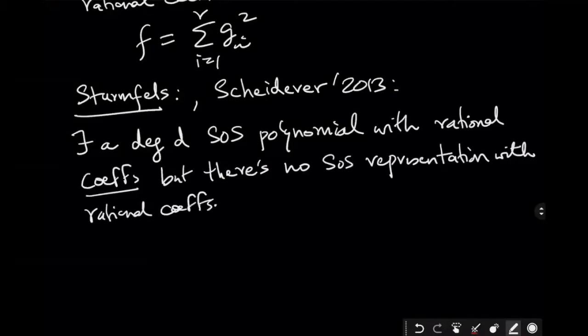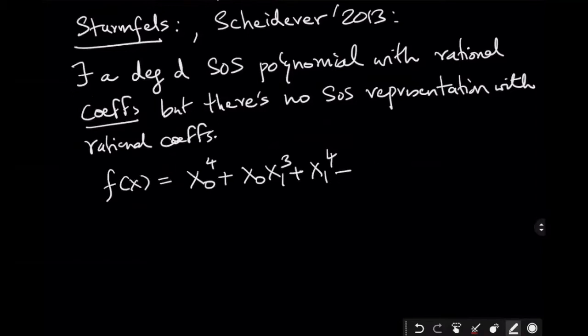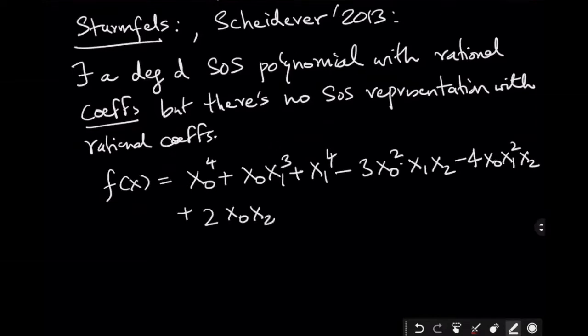And actually, the polynomial he used is extremely simple, so simple that I can write it down. I know that looking at this polynomial is not going to give you any insight into why this is true, but I want to express how simple the polynomial is for which this result holds. It's not some contrived thing that you might imagine.